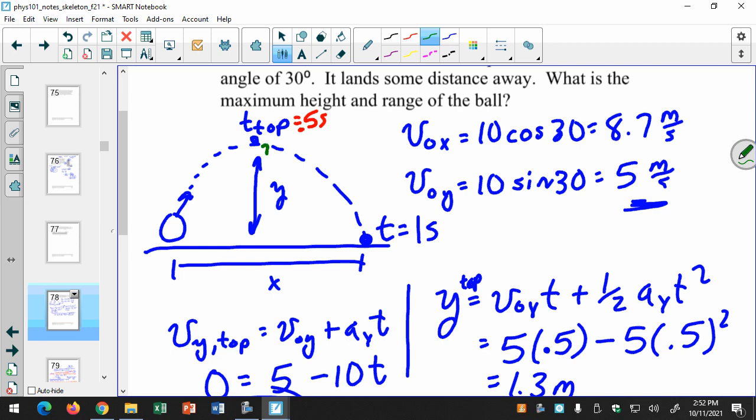Yeah, so you're right. There are some implied things. Vy at the top is equal to 0. This time is twice that time. Also, ax is equal to 0. That impacts how I write some of these equations. And we assume that you know those things at this point, but I know that some of you are still processing some of these things too. Okay? All right, those are great questions.